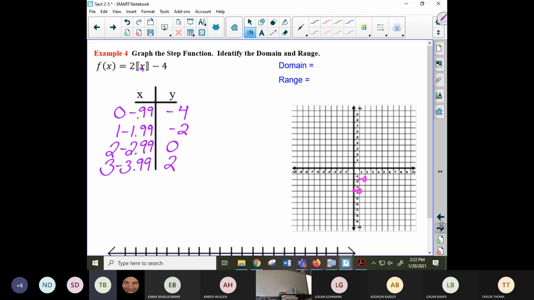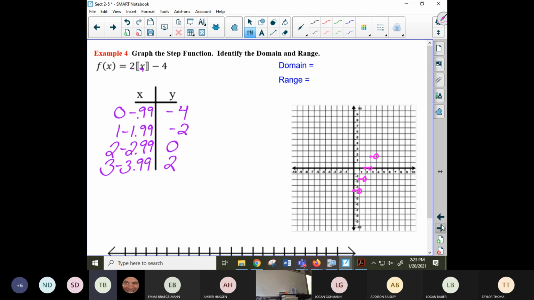Then I go to 0, and that is from 2 to 2.99, so I just put an open circle and I connect it. Then from 3 to 3.99, I'm up at 2. Closed circle, open circle, connect it. And then you have to keep going with that. So you want to find a pattern.